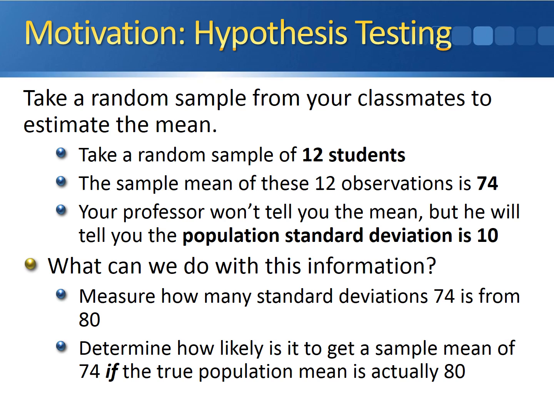If we're sampling from a population where the mean is actually equal to 80, our initial guess, we want to know how likely it is that we would get a sample mean of 74. Because 74 isn't necessarily that close to 80, we want to figure out if that's likely or not.